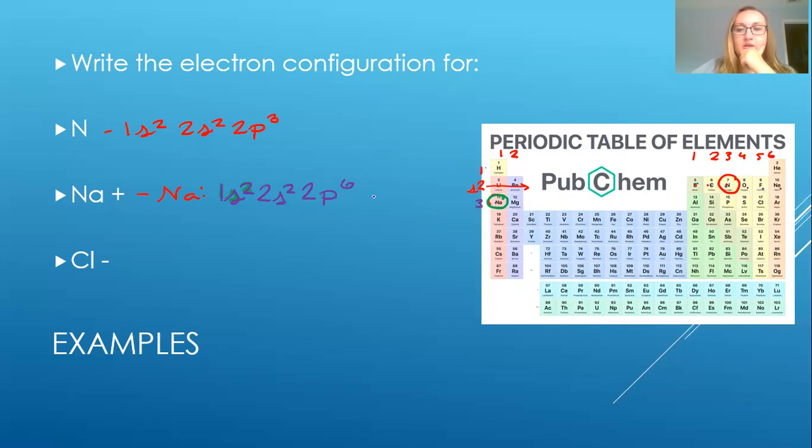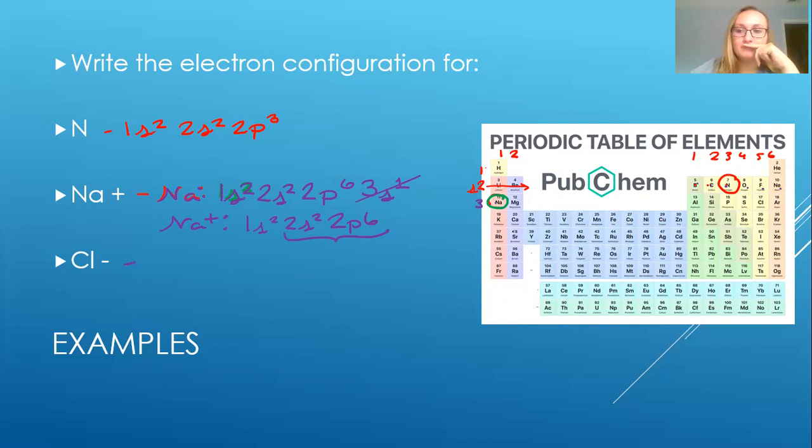And now we're at 3s1. Okay, that's for sodium. I was asked for the sodium ion. When we remove electrons, we remove them from the valence shell. So I'm going to just cross this out. 1s2, 2s2, 2p6. And we can see my valence shell has 8 electrons in it.